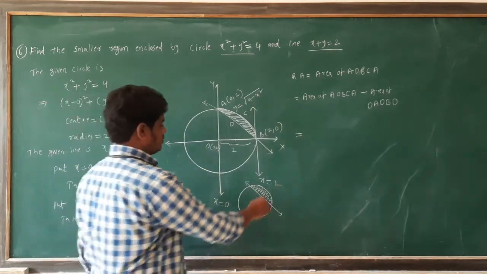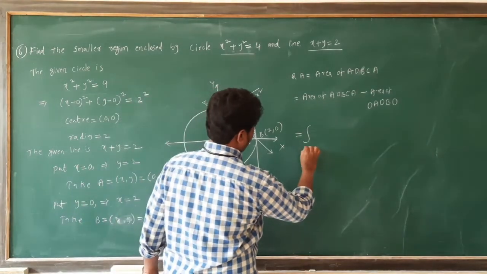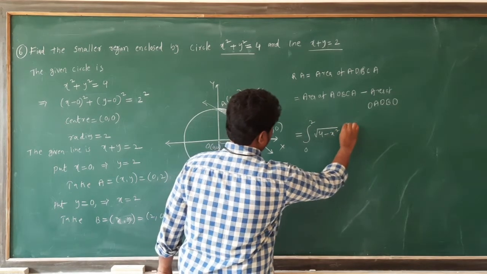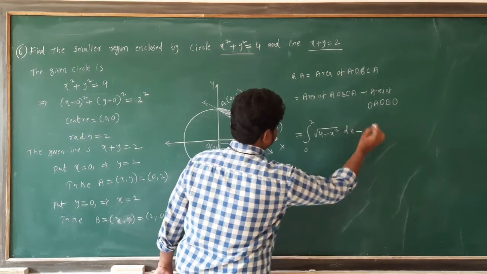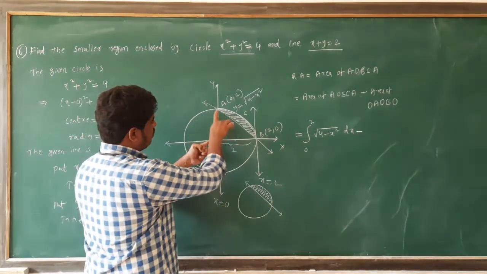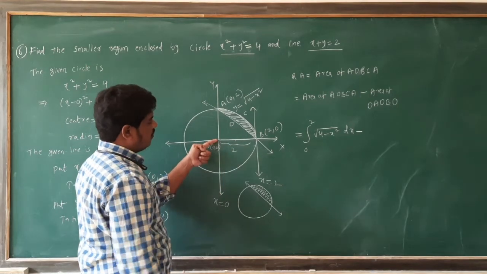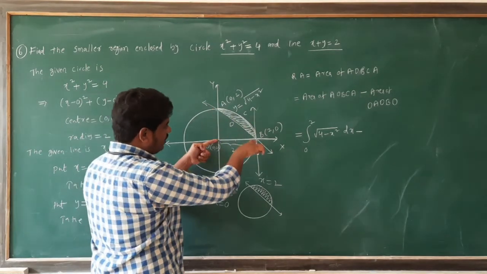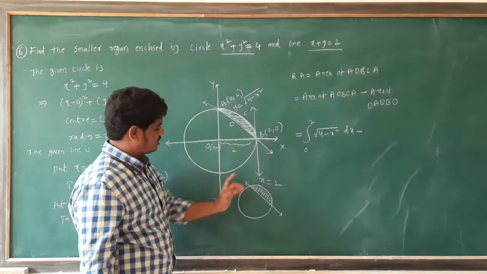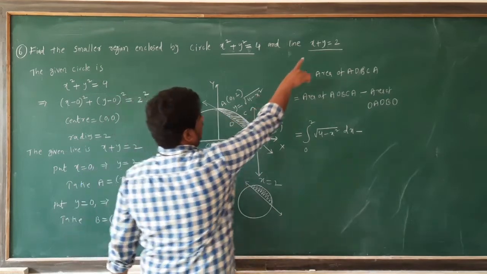So now what do we write? Integral from 0 to 2 root over 4 minus x square dx, minus the next area OADBO, which is under the line above the x-axis in between the two vertical lines x equals 0 and x equals 2. Under the line, this is the line.